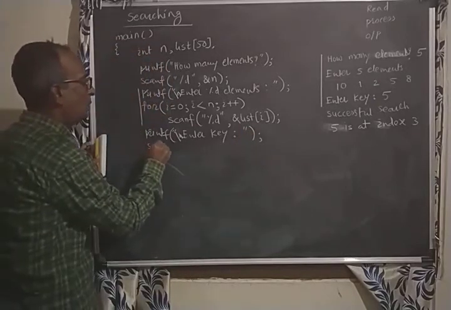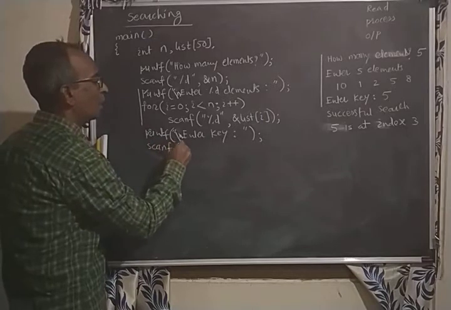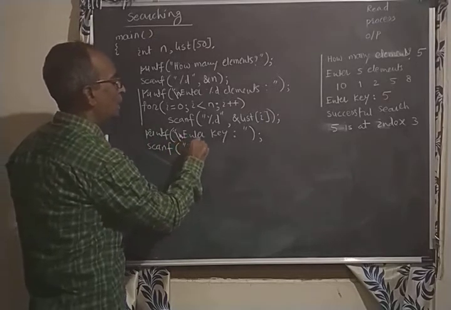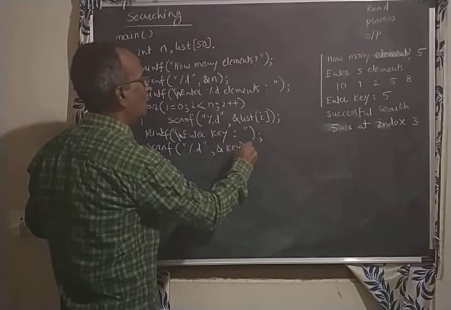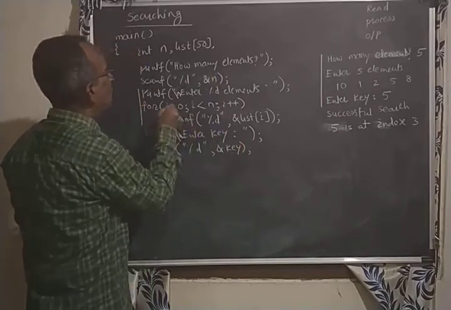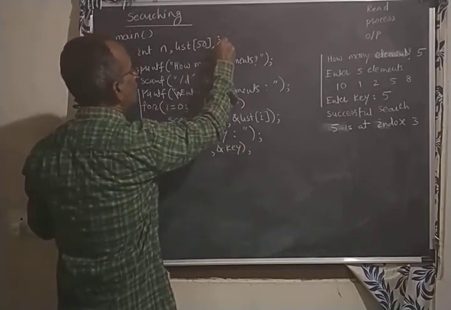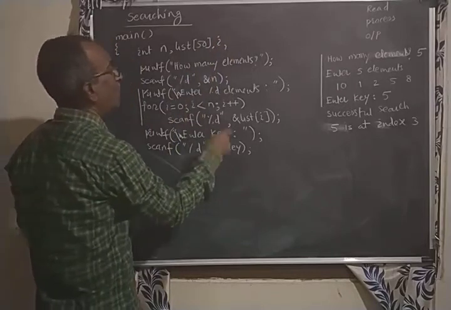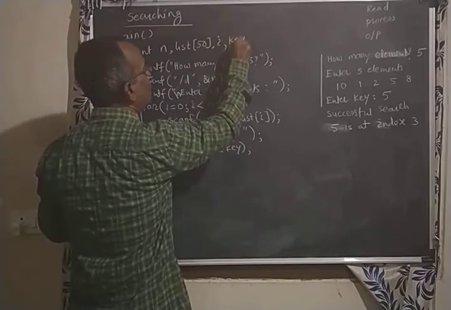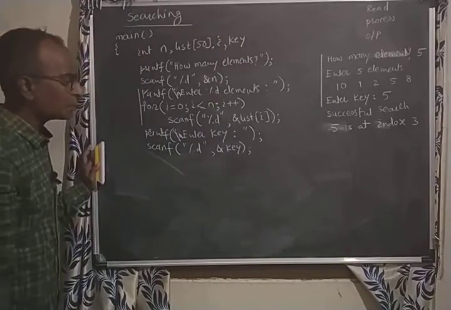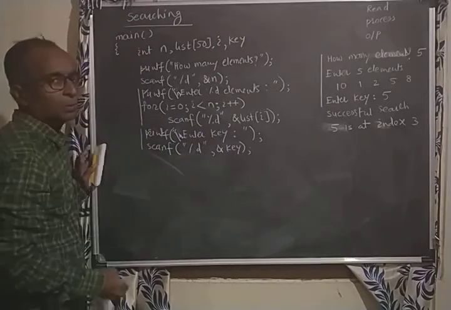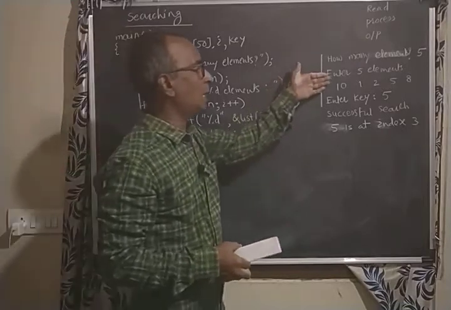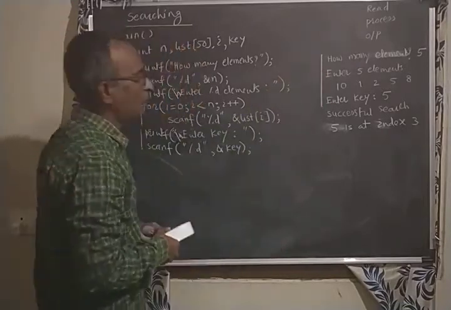You have to read this %d and ampersand key in key variable. So here we have used I variable, here we are using key variable, all are integers. So key you have read. This forms another input. So list is required and key to be searched is required.